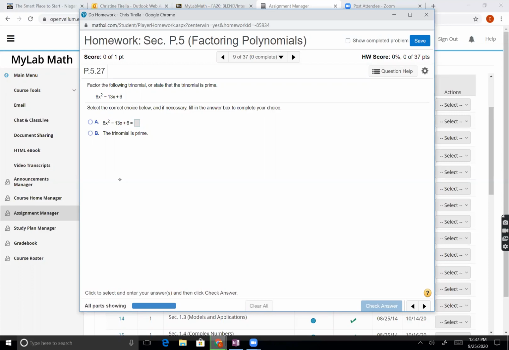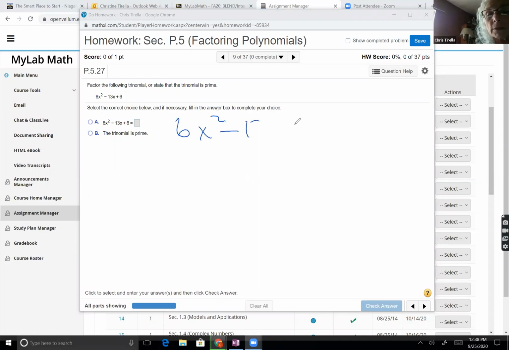Of course. All right, factor the following trinomial or state whether it's prime or not. So what we've got here is 6x squared minus 13x plus 6. When I'm going through it, I'm factoring. I told you folks that to start with, I ignore the middle. I pretend the middle term is not there.